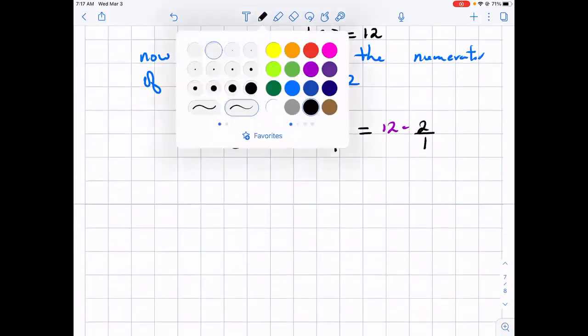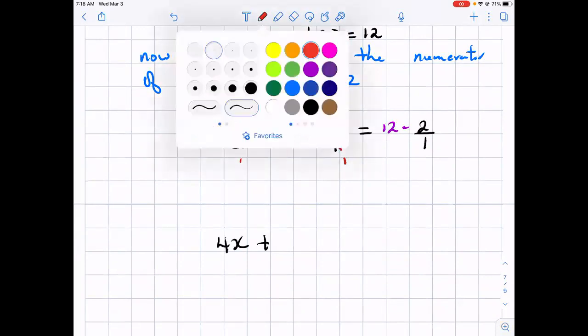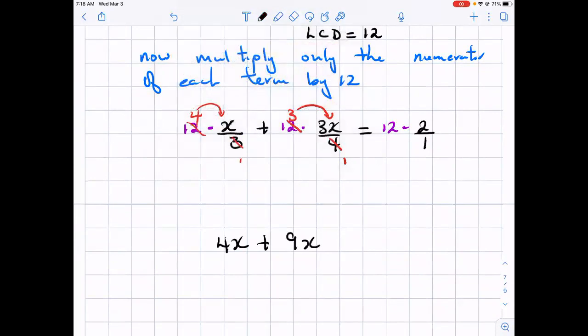You will notice as you do this, you're going to have some simplification. 3 into 12 is 4, so you're left with 4 times x, and that will leave you with 4x. Plus, you will notice once again, the 12 and the 4 can be simplified. So 3 times 3x becomes 9x.